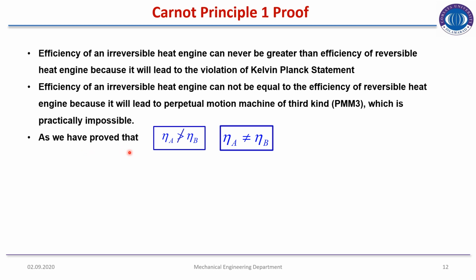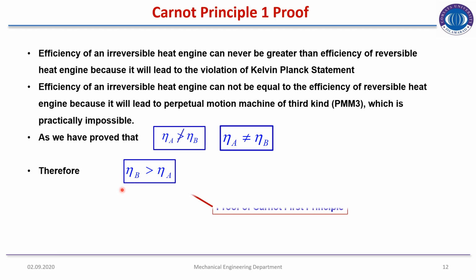So we have proved that efficiency of irreversible heat engine is not greater than, and not equal to, efficiency of reversible heat engine. Therefore, the only scenario left is that efficiency of reversible heat engine is greater than efficiency of irreversible heat engine. So basically we had to prove that, and we have proved it like this. So that is the proof of Carnot first principle.